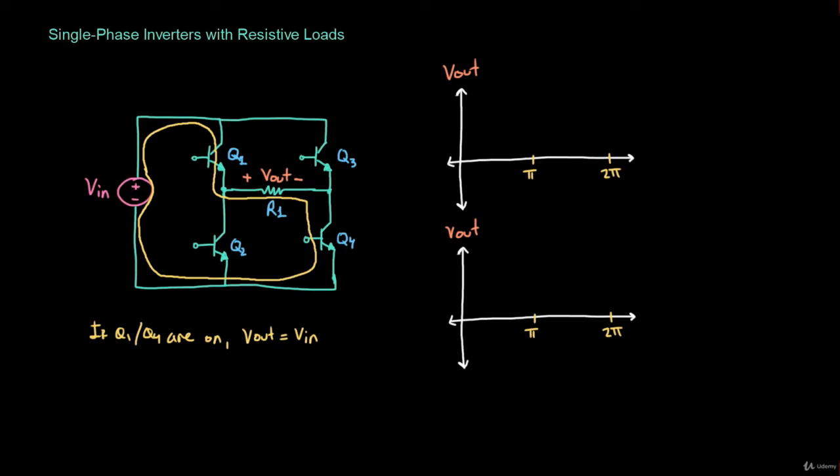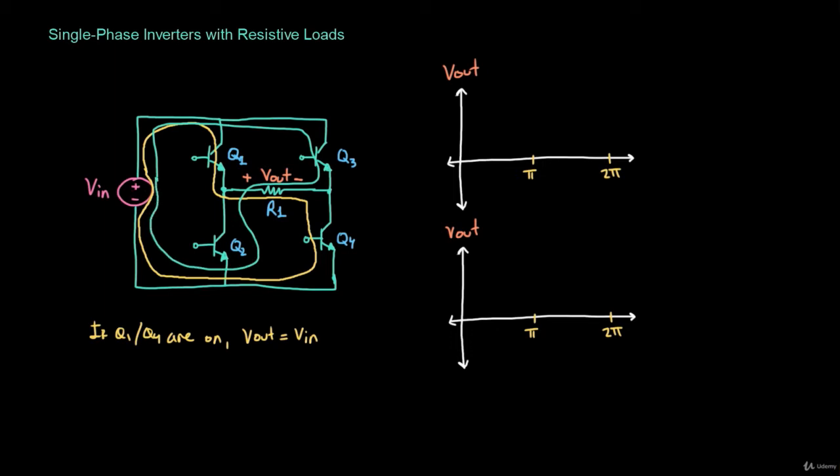Right, because we've connected positive to positive and negative to negative. Now we need to find a way to invert the polarity of the input voltage with respect to the output voltage. What we can do is switch in the opposite transistors for that. So instead of switching Q1 and Q4 on, we're going to switch Q2 and Q3 on. If that's the case, then the circuit will look like this. We're going to have Vin connected through Q3 to the output load, through Q2, and then back to the input voltage.